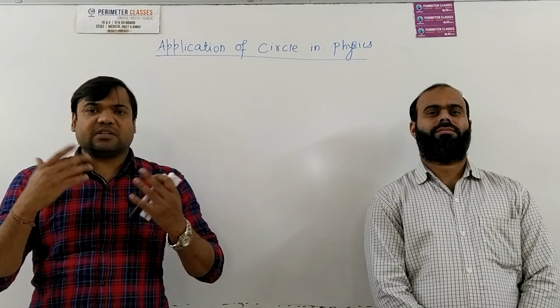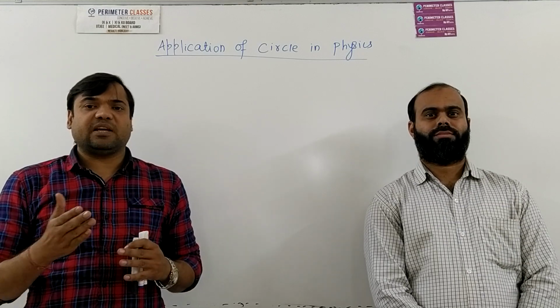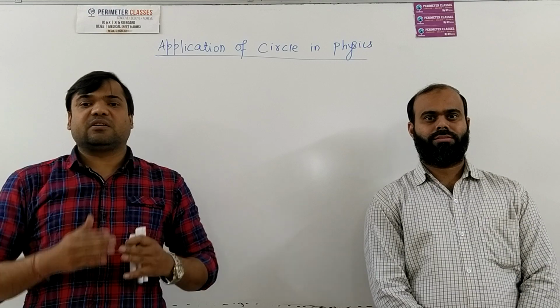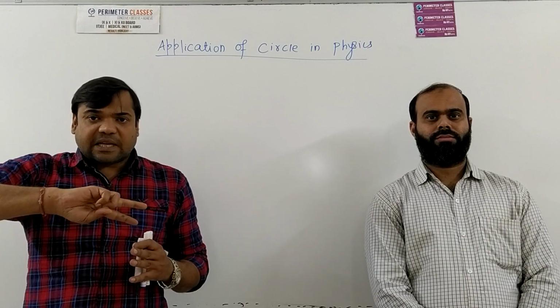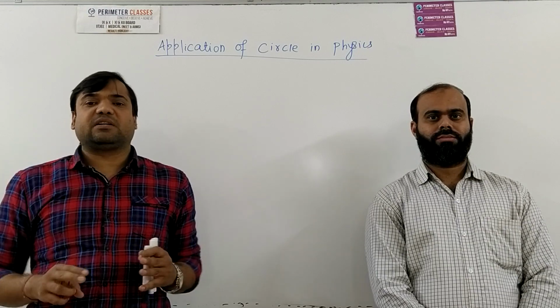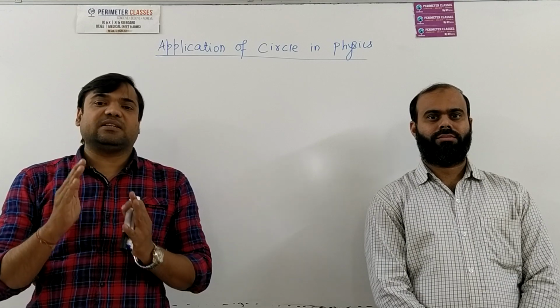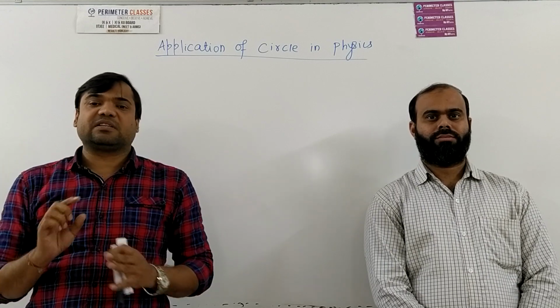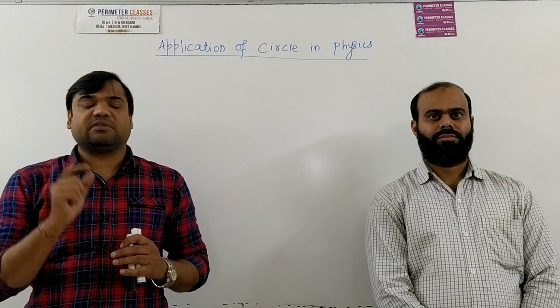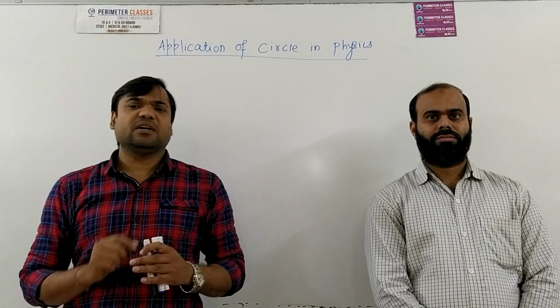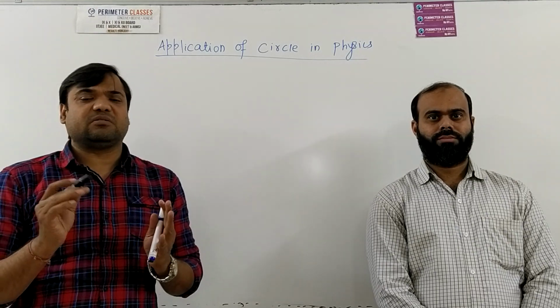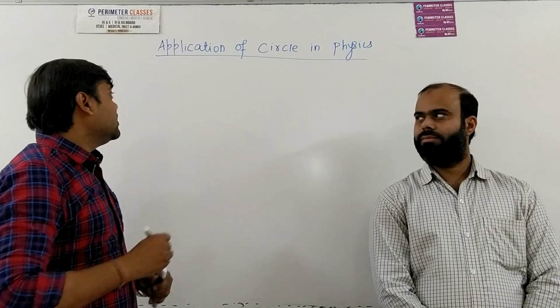There are some other very common examples also, like when you are making a turn on a road, that smaller part of the turn can be considered as a segment of a smaller part of a circle. So here I am going to start with some basic concepts of circular motion.